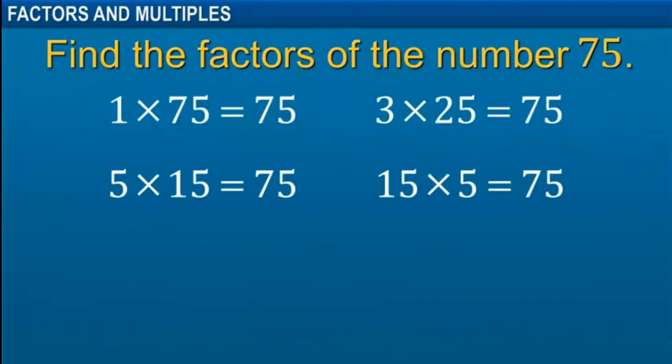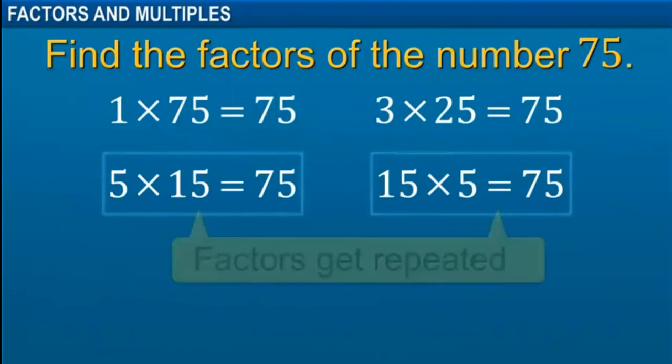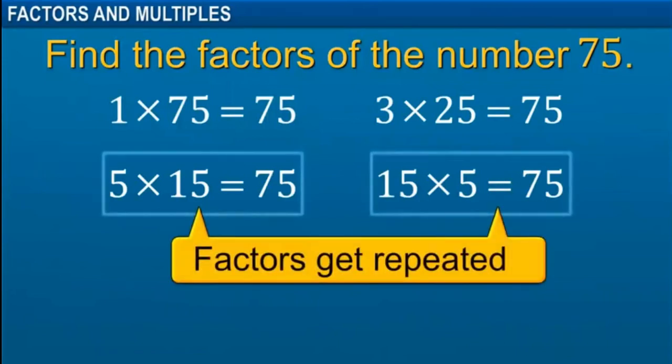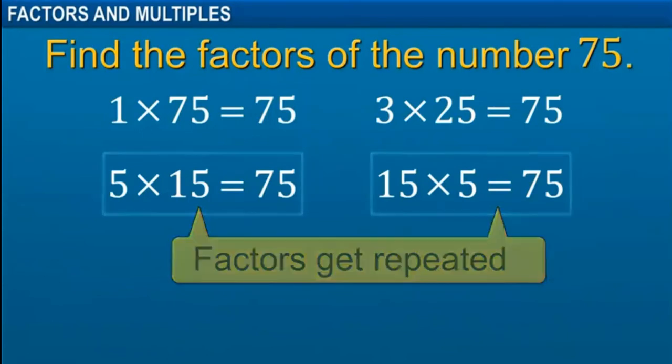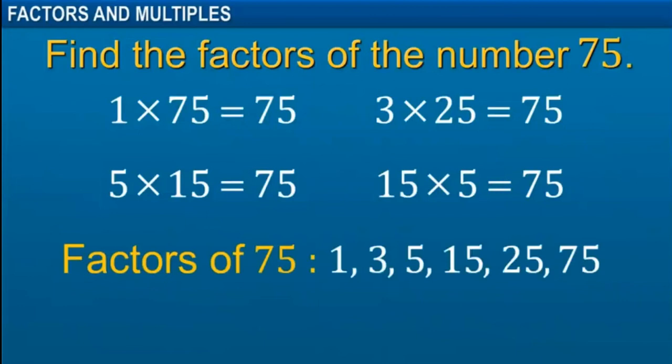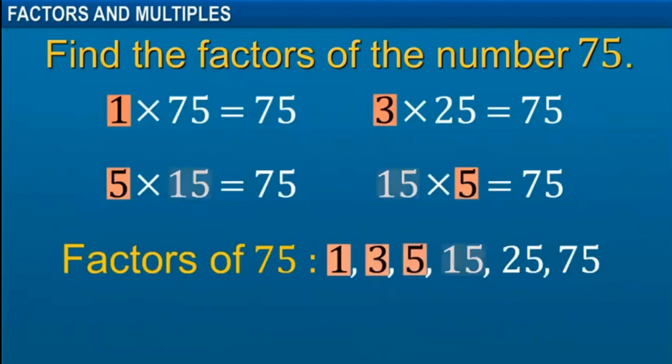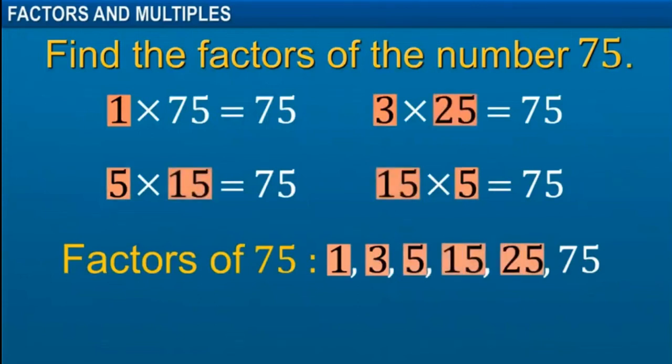You can stop right here. When you reach a combination where the factors start getting repeated, you need not look for any more combinations. Thus, the factors of 75 are 1, 3, 5, 15, 25, and 75.